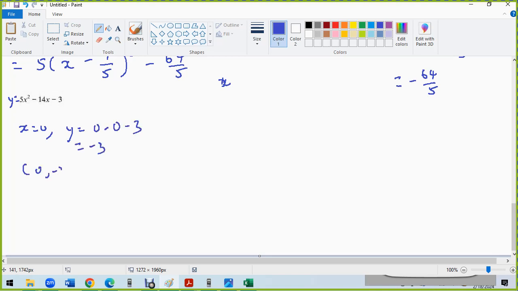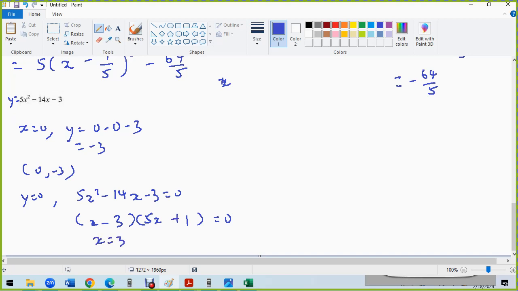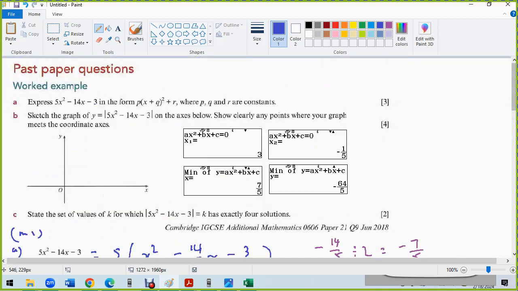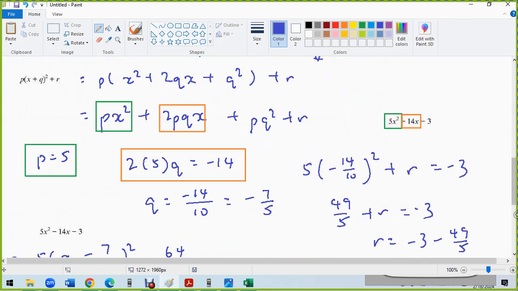So we have 0, negative 3. And if y equals 0, then 5x squared minus 14x minus 3 equals 0, which factorizes, so x equals 3 and x equals negative 1 over 5.